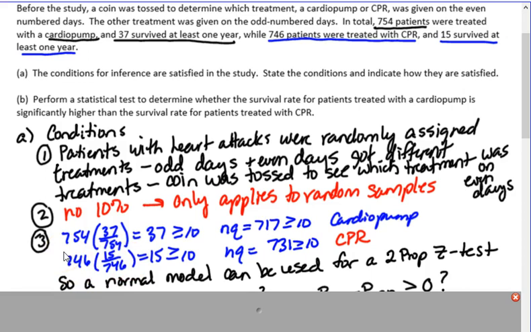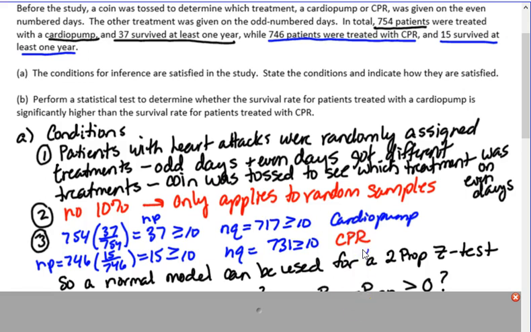For the other one, the CPR, we had 746 times 15 over 746 is 15. That's greater than or equal to 10. That's my NQ. So I should probably put here NP. This is NP. And I labeled that for CPR.